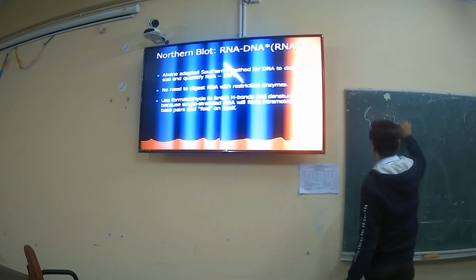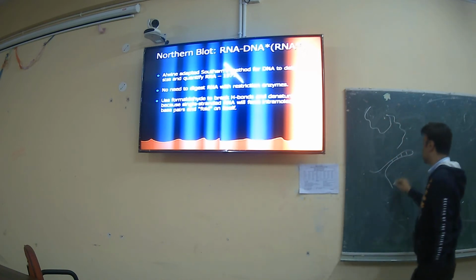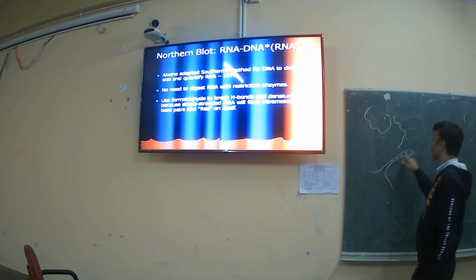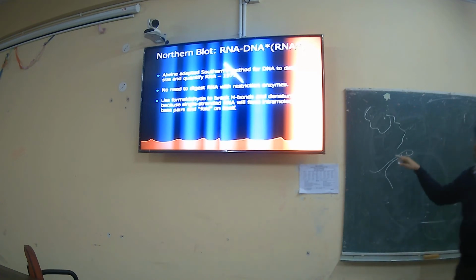Suppose this is an RNA fragment. This RNA fragment has a tendency to make a secondary structure, and once RNA binds to itself, it forms a complementary or secondary structure. You cannot perform the Northern blot.